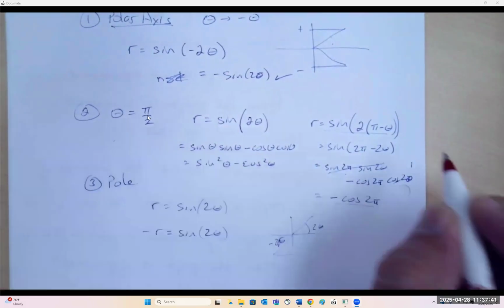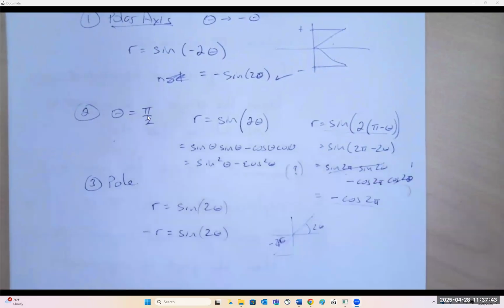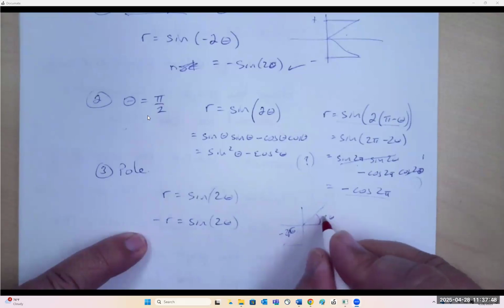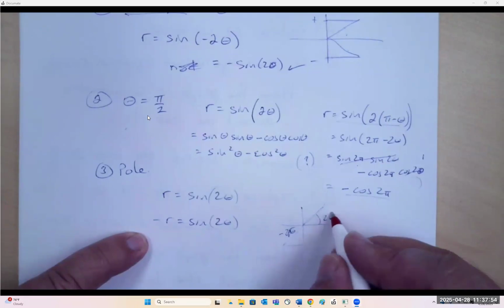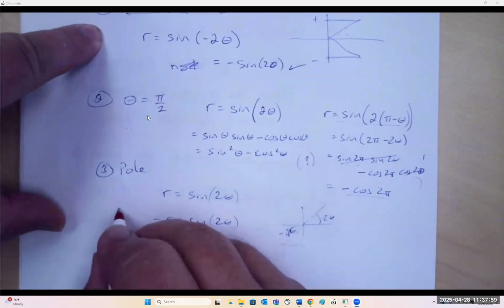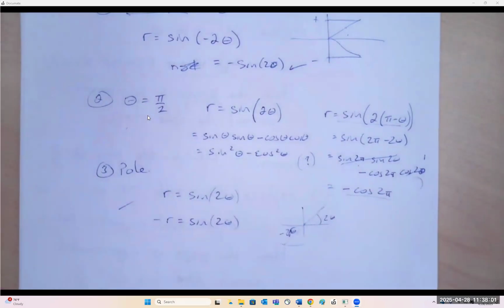I want to say yes to this one. If it's the polar axis, then that one works, so it's all three of them.